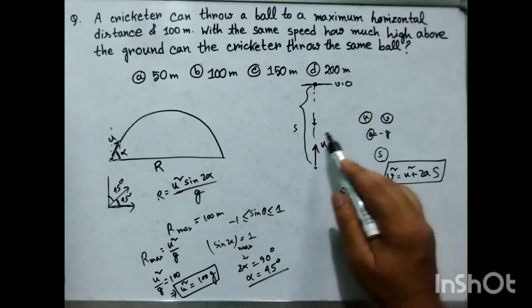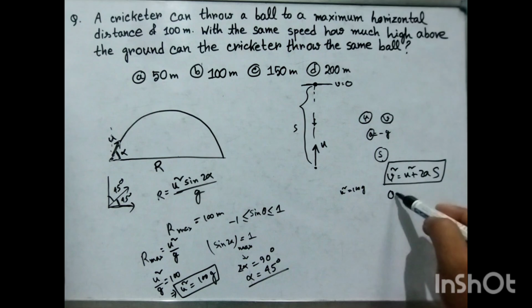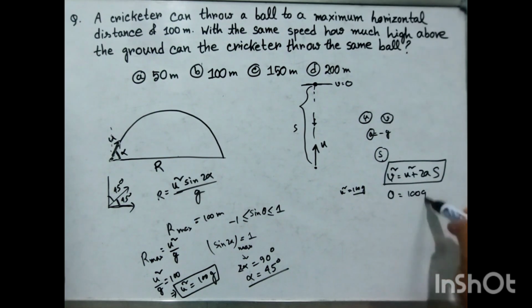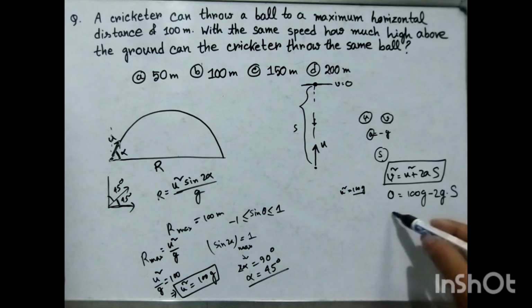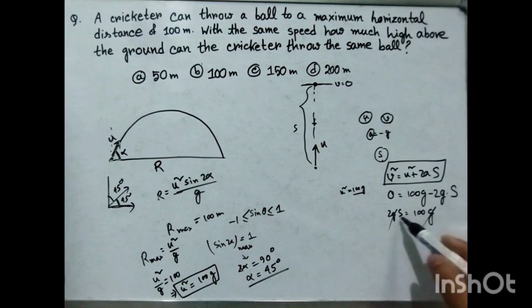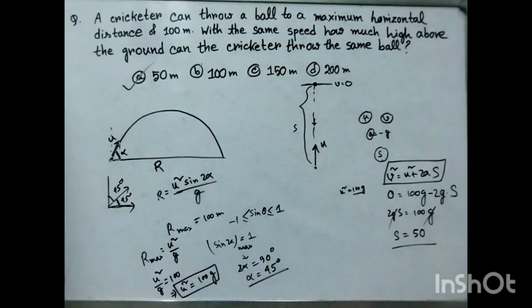So v is 0, so 0 square will be 0, and u square we know is 100g, a is minus g because gravity is downwards, minus 2g into s, and s we have to find. So this will be 2gs equal to 100g. So g will be eliminated and s will be 50. So 50 meter is your answer.